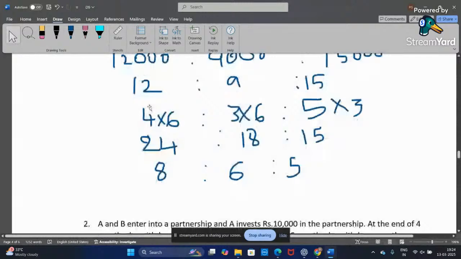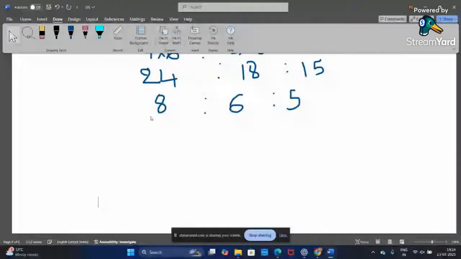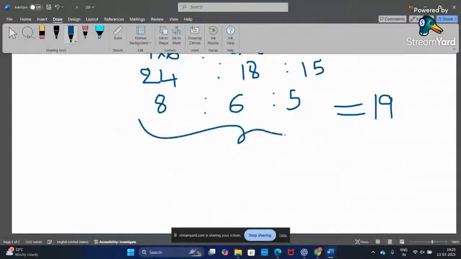Then how to calculate? To find the share, what you have to do? First, we need to add all these 3 proportions. After adding, what value are you going to get? 8 plus 6 plus 5. It is 19, right? After adding all these 3, we'll get 19.